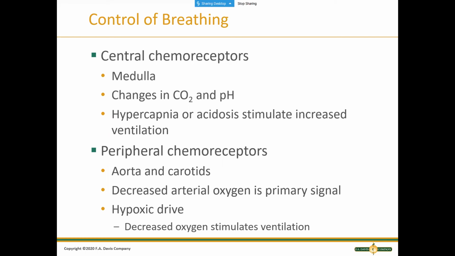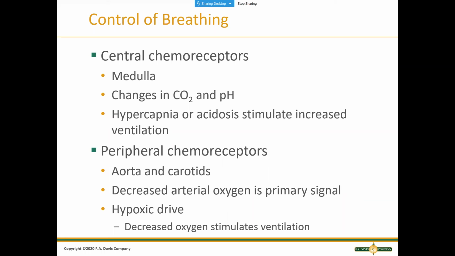It also senses your pH, so how acidotic are you? As your carbon dioxide rises in your blood, you become more acidotic. And that stimulates your brain to tell your body to start breathing faster, start breathing deeper.